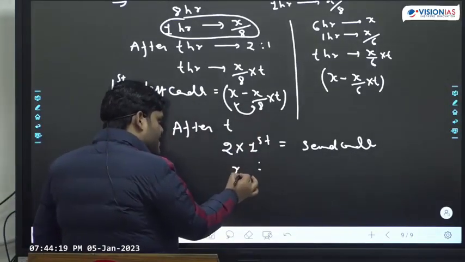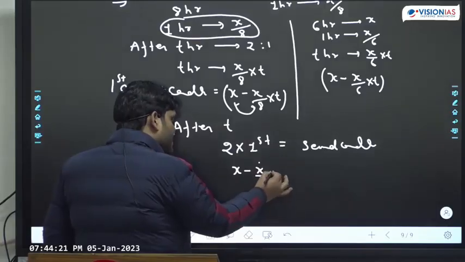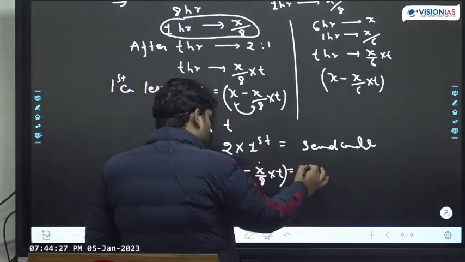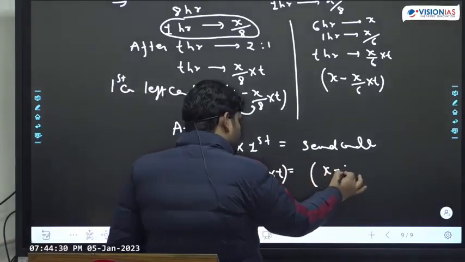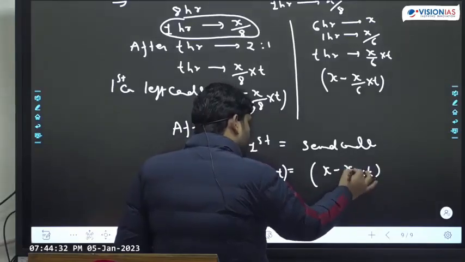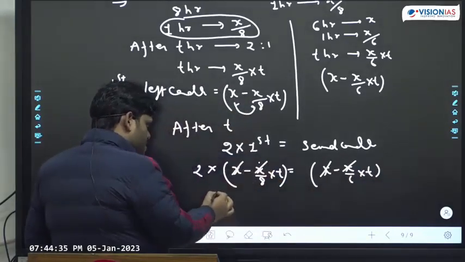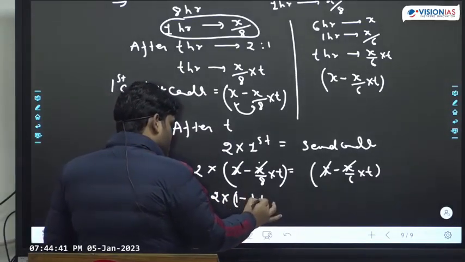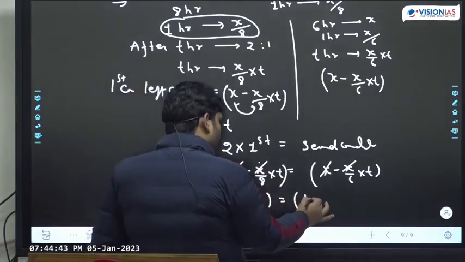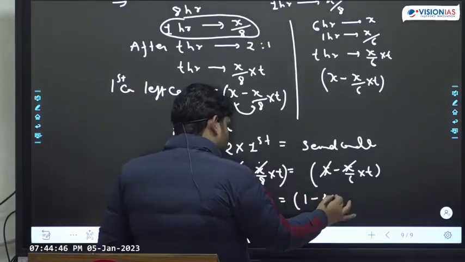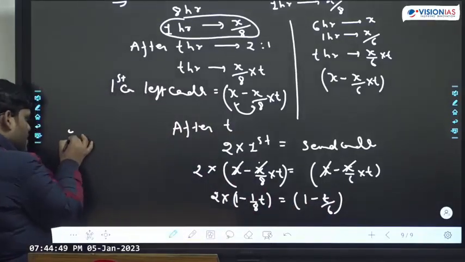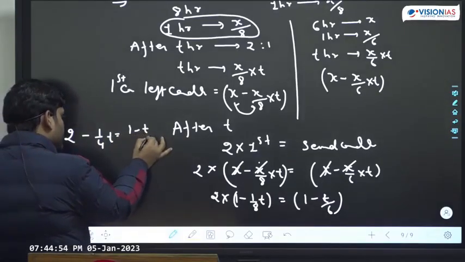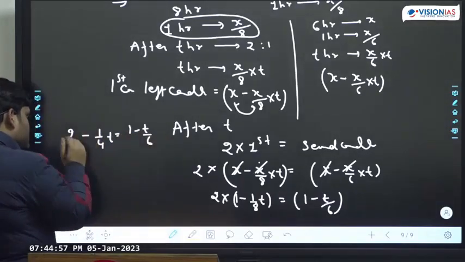The first candle will be X minus X by 8 into t, and twice of this should be equal to X minus X by 6 into t. We can cancel out X from everywhere. So 2 into (1 minus 1 by 8 into t) should be equal to 1 minus t by 6. So this will be 2 minus 1 by 4t equals 1 minus t by 6. This will come on this side, this will come on this side.